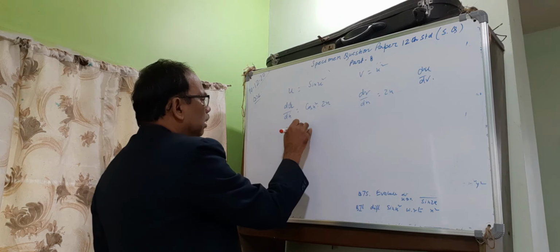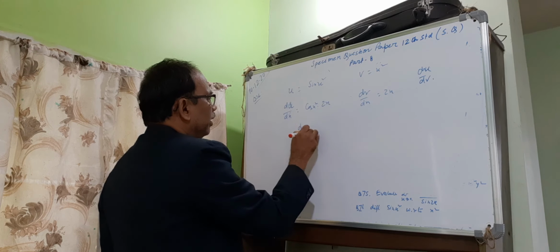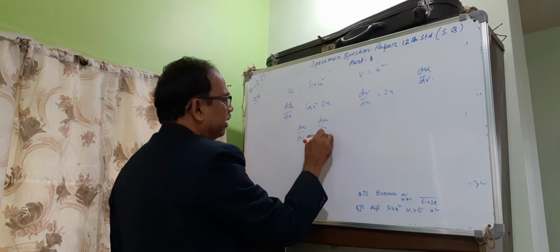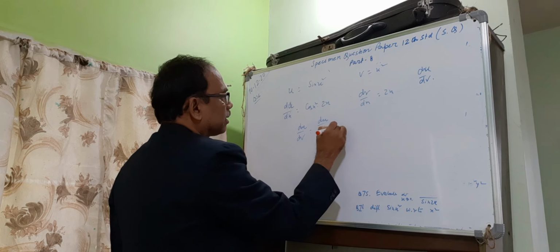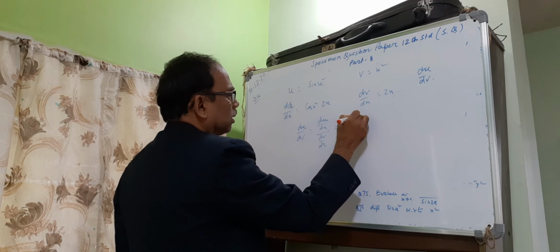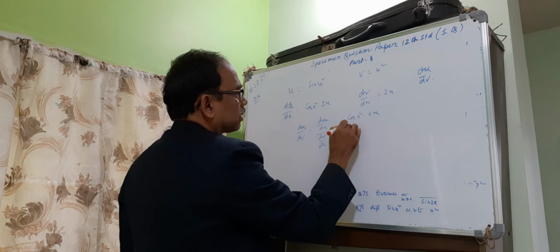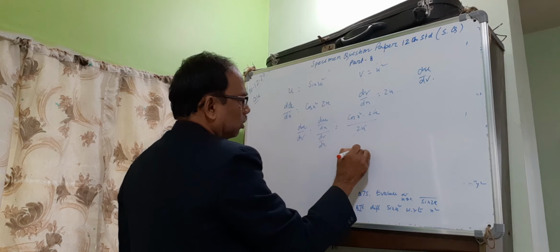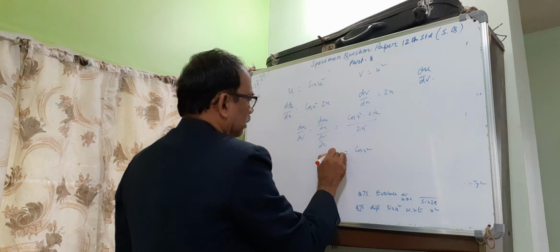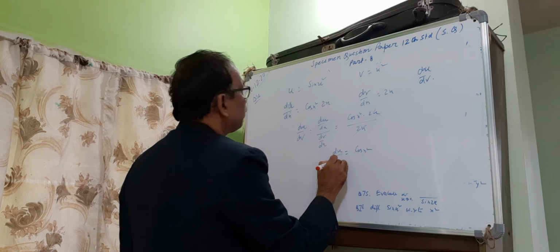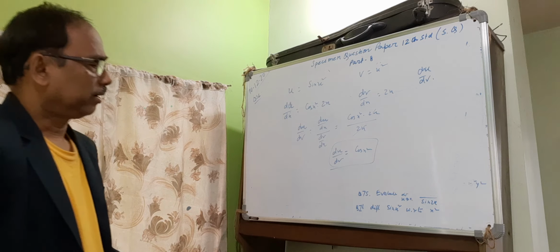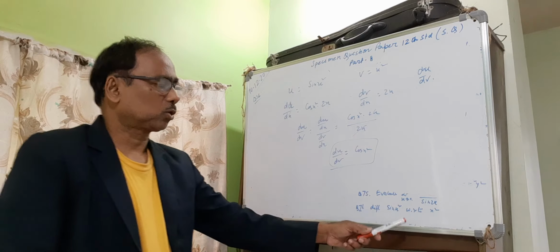So du by dv equals du by dx by dv by dx equals cos x square into 2x by 2x, that is cos x square.